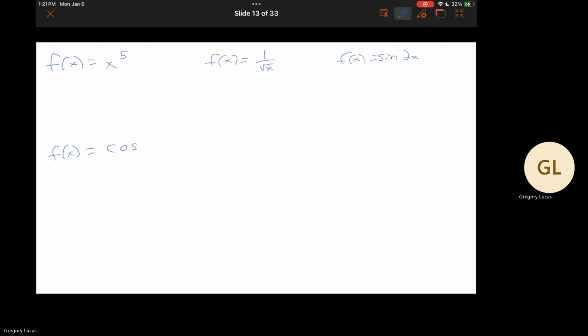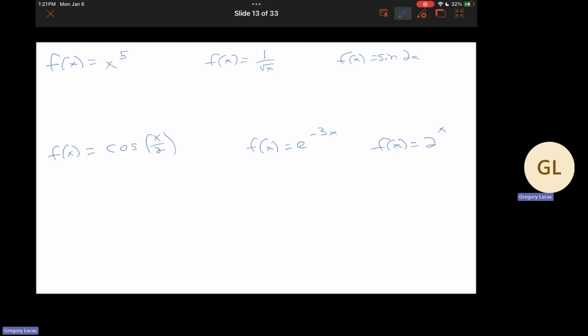Cosine x over 2. And f of x is e to the negative 3x. And f of x is 2 to the x.